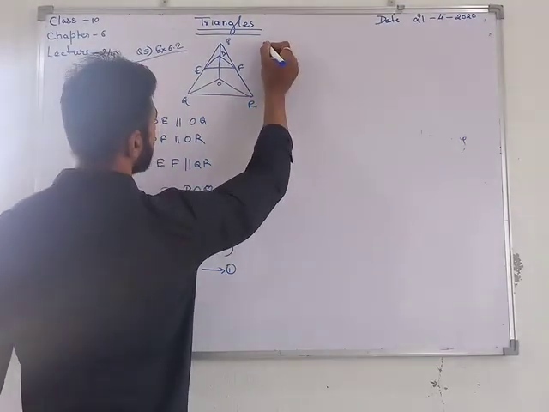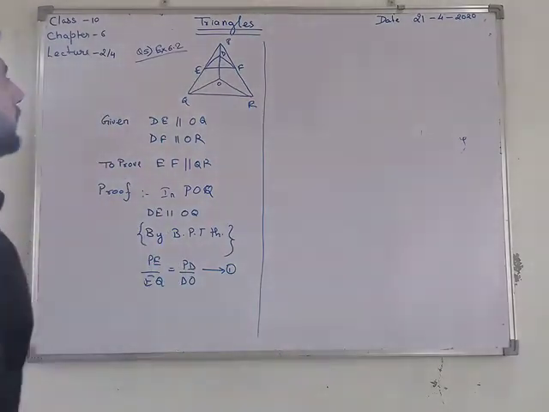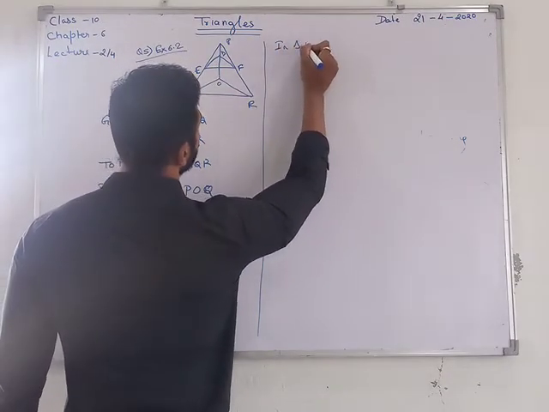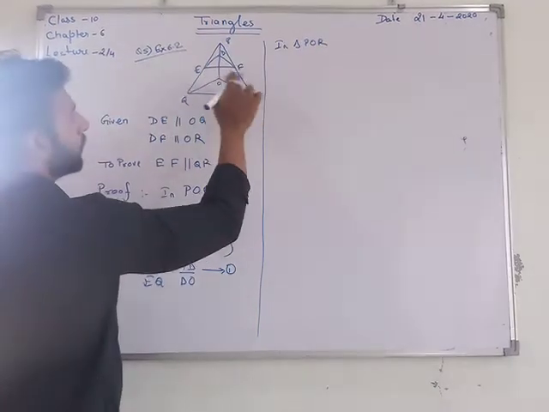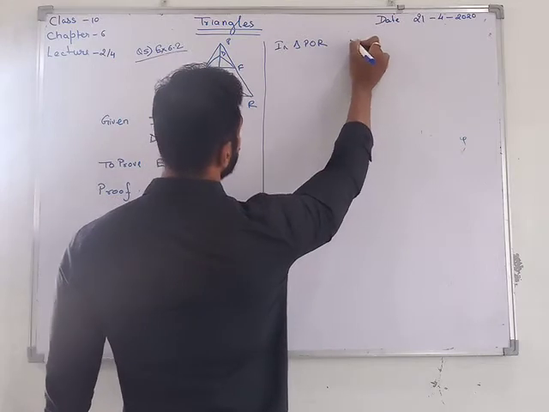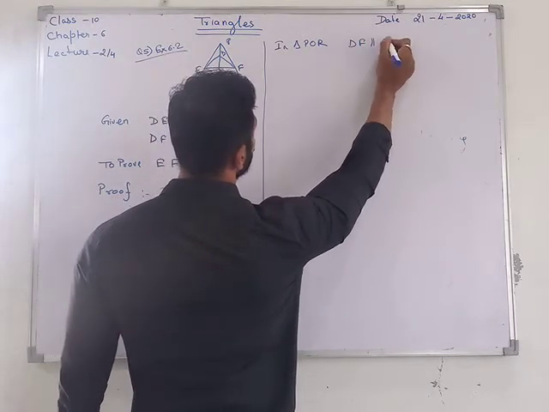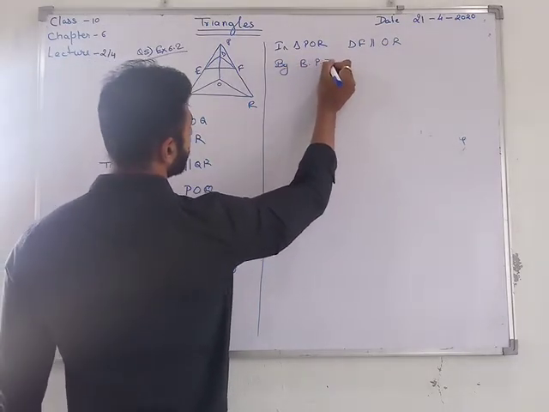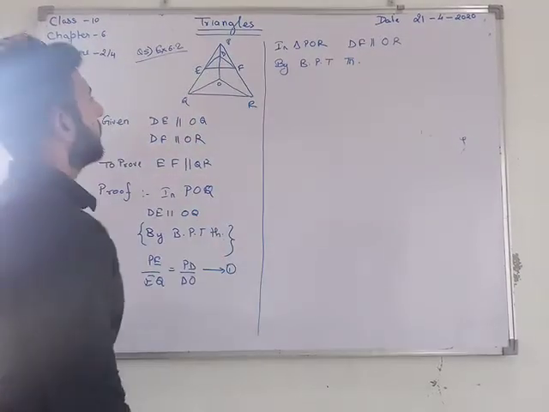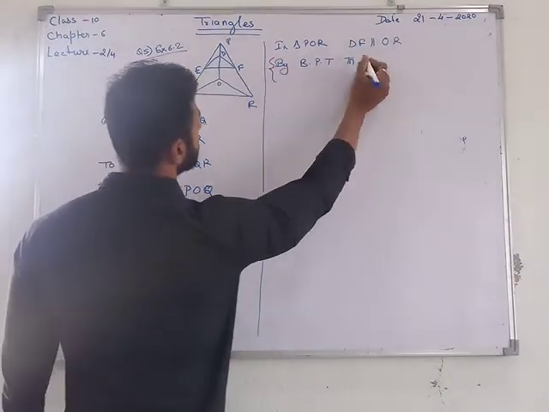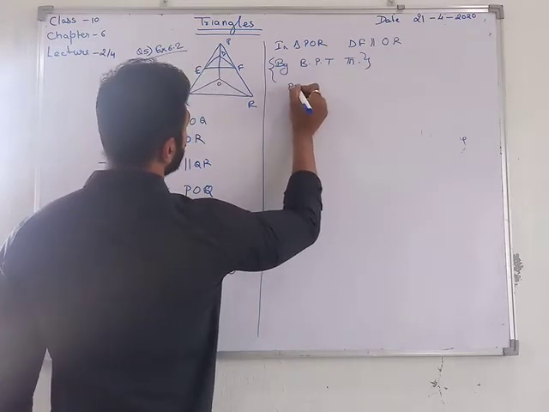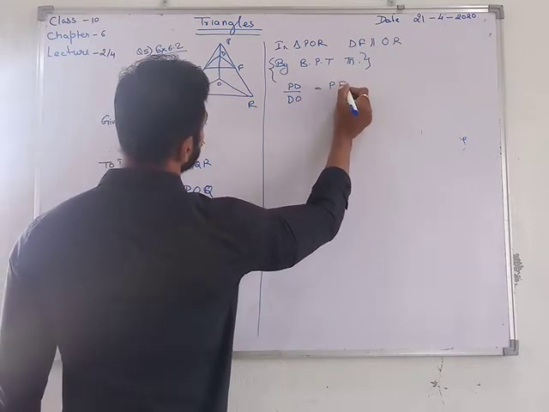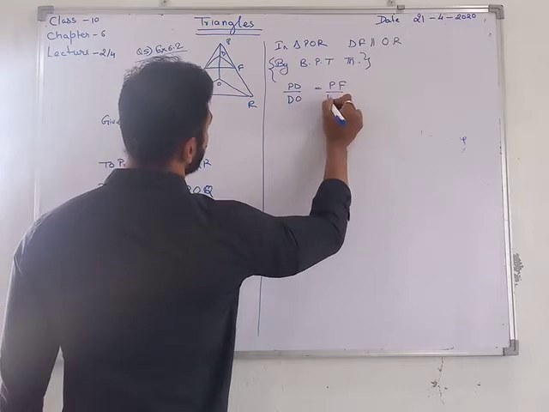Now we are taking the triangle POR. In triangle POR, DF is parallel to OR. By BPT theorem, we can write that PD upon DO is equal to PF upon FR.